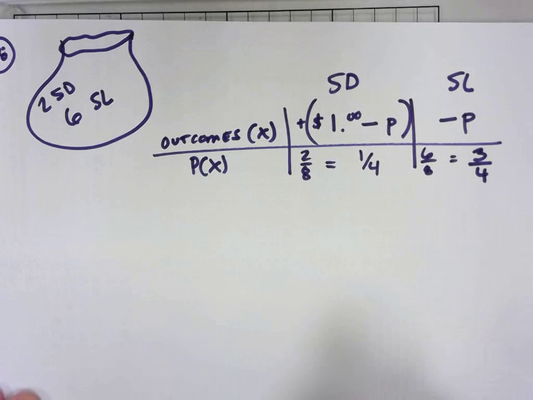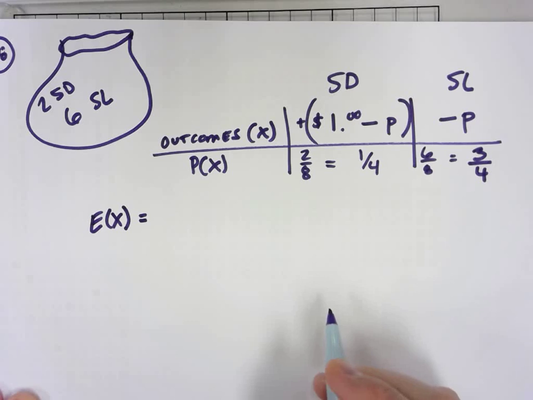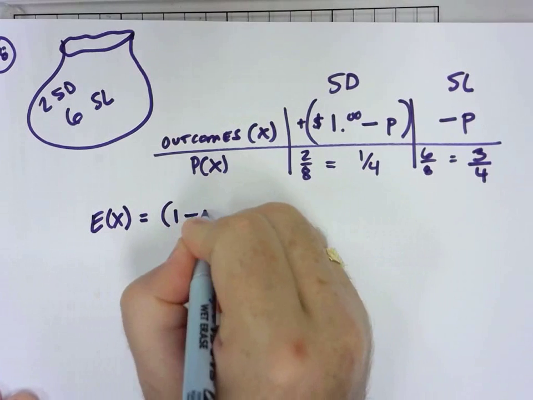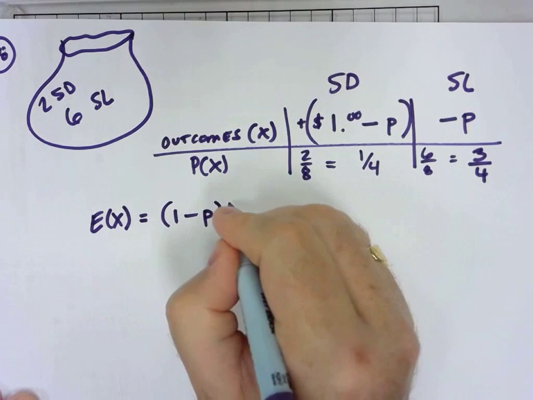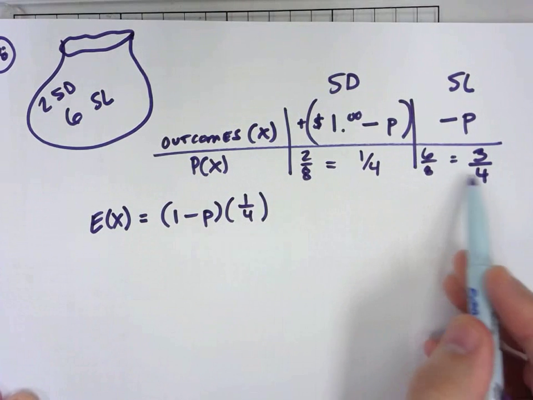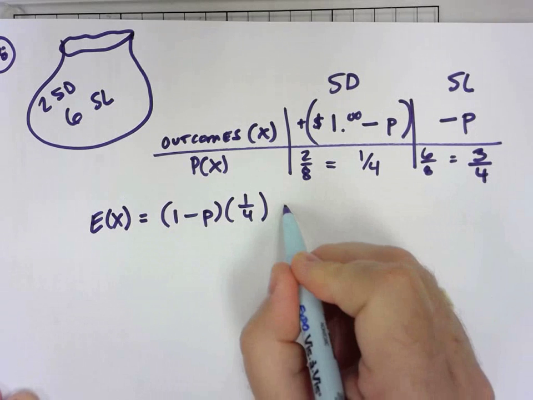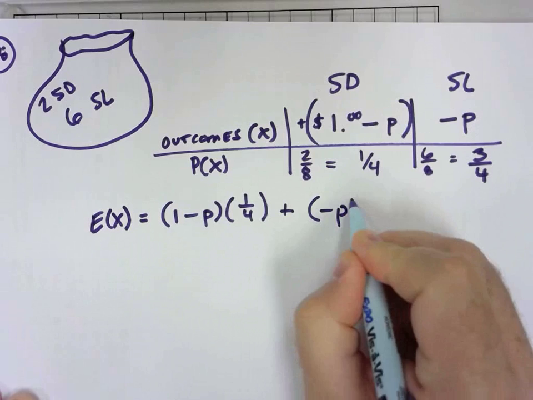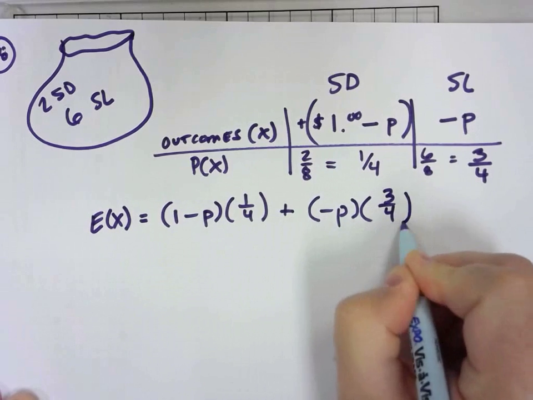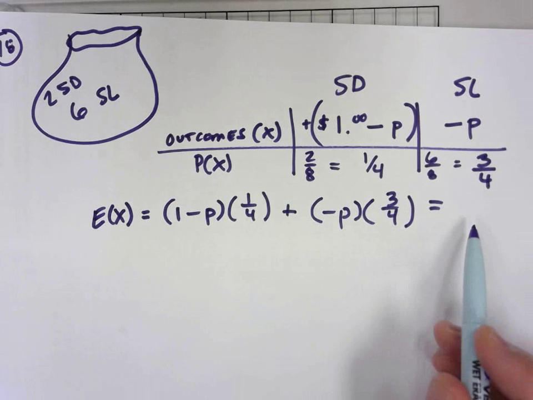All right. So then the expected outcome is going to be (1 minus p) times 1/4. And this over here is what? It's a negative p times 3 over 4. And the expected value, if it's a fair game, is what? What's the expected value if the game is fair?